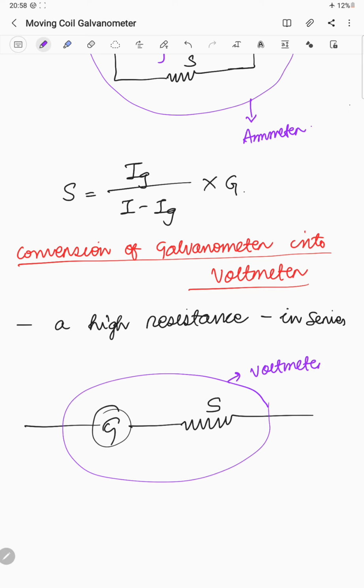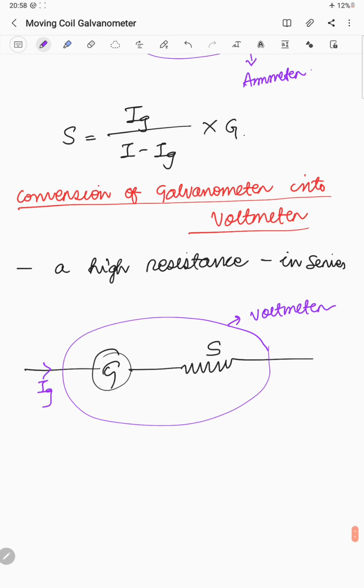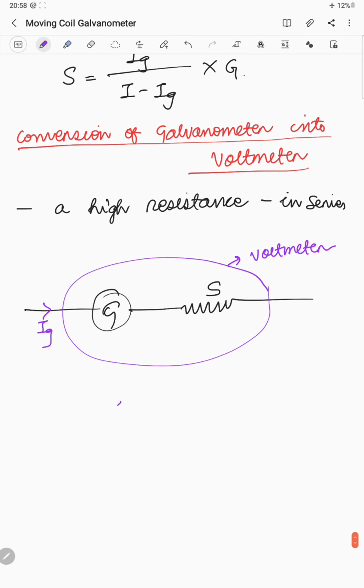This is the current Ig which is getting into it. So how can I find out this high resistance? It is found by a formula: S is equal to V by Ig minus capital G. So by this formula you can find out the high resistance which is connected in series.